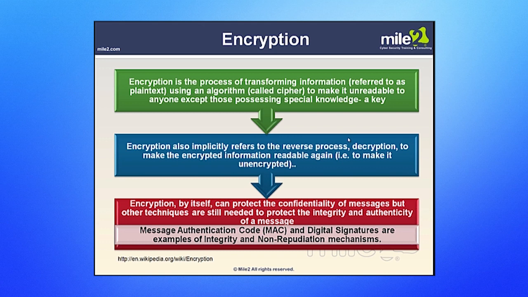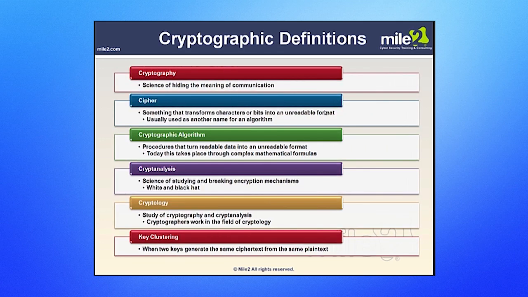Now, we still complement encryption with integrity and authenticity. We start thinking of methods like message authentication codes, as well as digital signatures, which can help make up for what simple encryption and confidentiality would not accomplish. With cryptanalysis, we're looking at the science of studying and breaking encryption mechanisms.